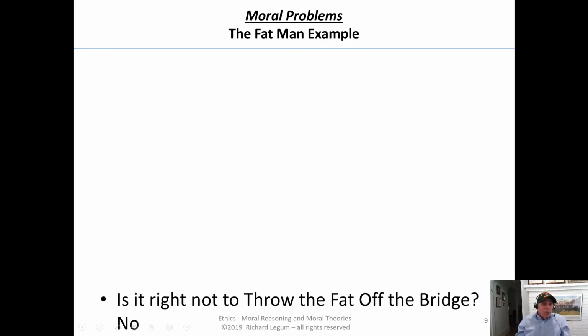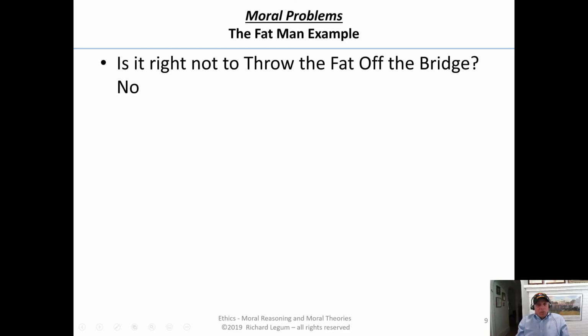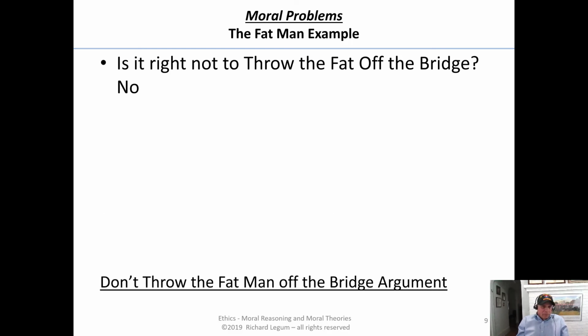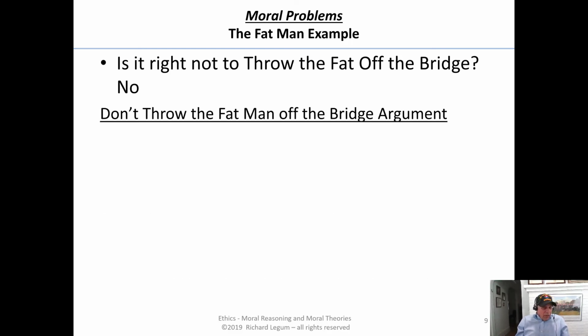Now moving on to the last example, the one that answers the question: is it right not to throw the fat man off the bridge? They said no, it is not right. In other words, it's wrong. That was the majority opinion in the fat man example. So we formulate the don't throw the fat man off the bridge argument as follows.